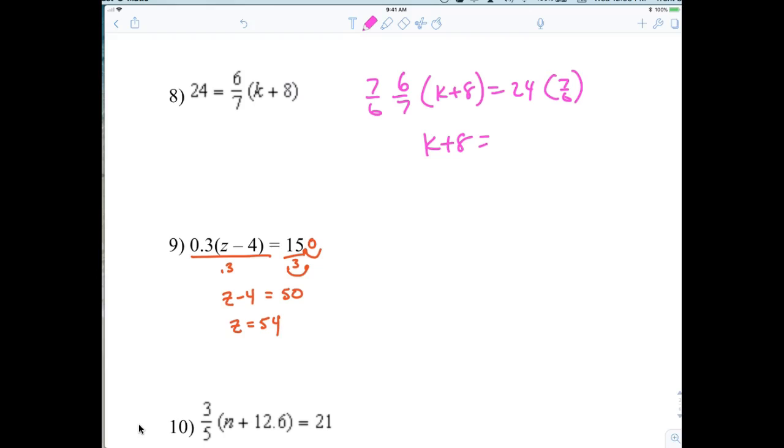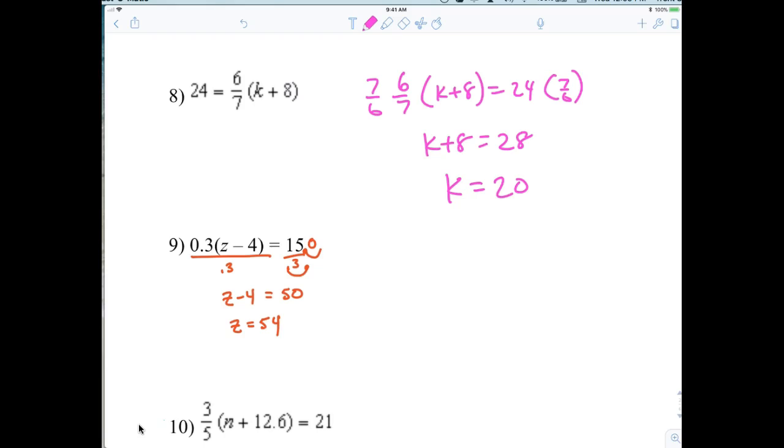Just tell me what the answer is. Yes, sir. Good job. 28. Any questions or concerns with that? And now, Sebastian, what's next? Just tell me the answer. Come on, Sebastian. K equals 20.